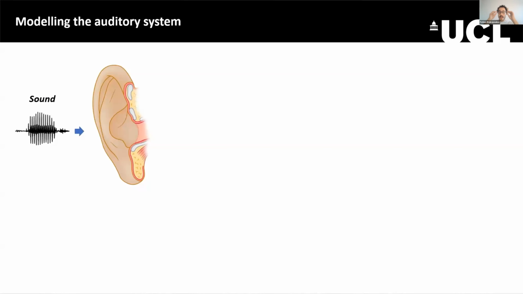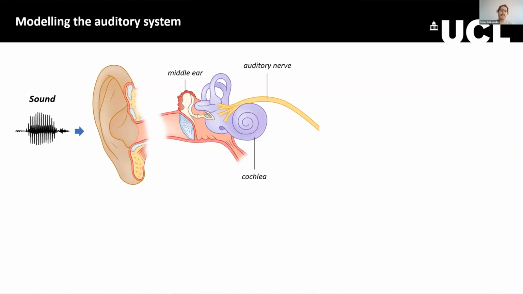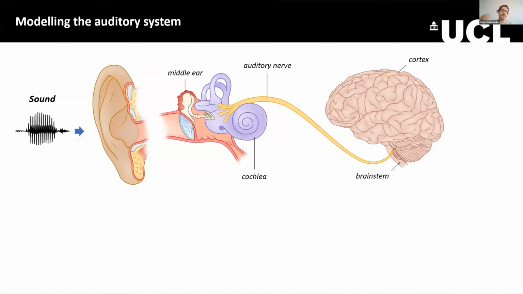All right. I'll just start with a very brief introduction of the auditory system. I mean, we're all well aware of that by now. But when a sound reaches our ear, it travels through our ear canal to the middle ear and the cochlea, and there it's analyzed across frequency and is transformed essentially into electrical activity, which is passed to the brain and is utilized to generate auditory perception.